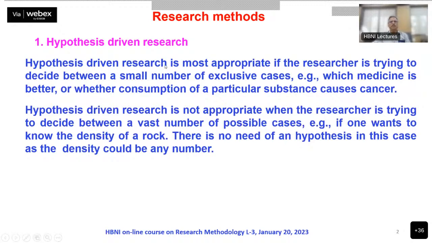So hypothesis-driven research is the most appropriate if you are trying to decide between a small number of exclusive cases. Suppose you have few options. It can be this way or that way. Then you make an assumption that it happens like this. For example, you are comparing two medicines, or you are studying the effect of these substances.